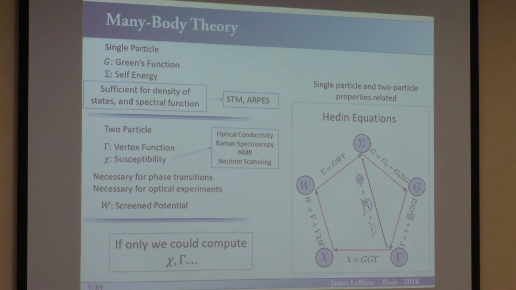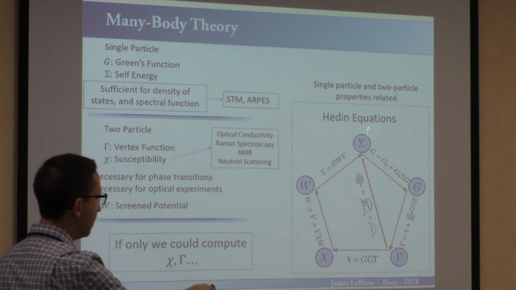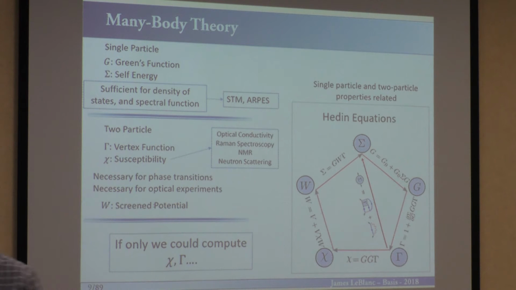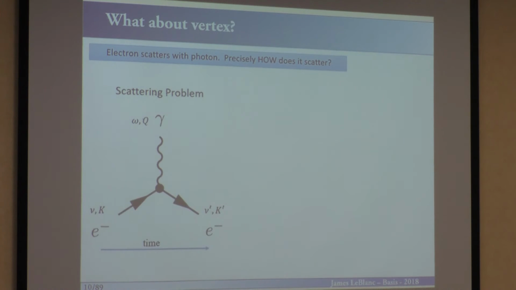And in order to have a full understanding, you need to be able to understand from the self-energy or Green's functions how to get vertex functions, how to get susceptibilities. This W often is skirted. Often you don't particularly need it because there are direct paths between these that get you around it. But you can also obtain this effective screened interaction. Okay? So it really boils down to if only we could compute chi and gamma, etc.